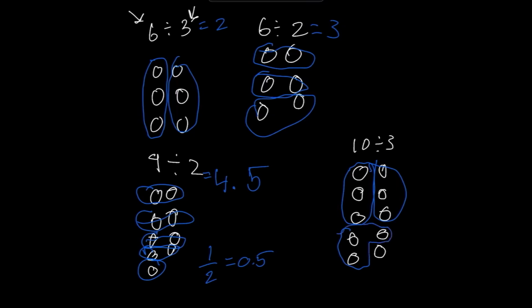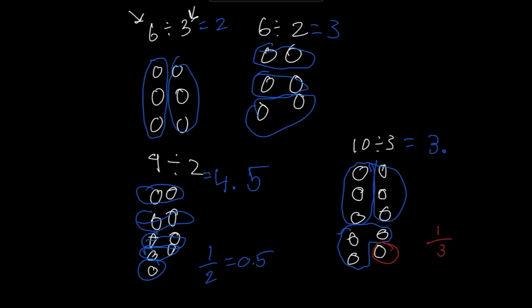So I have my 3 groups of 3, and then I have 1 left over right over here. So I'm going to write my answer. I'll get 3 and then a period, because the rest of it is going to be less than 1. Then I put however many I have left over, which is just 1, and then however big the groups are, which is groups of 3.